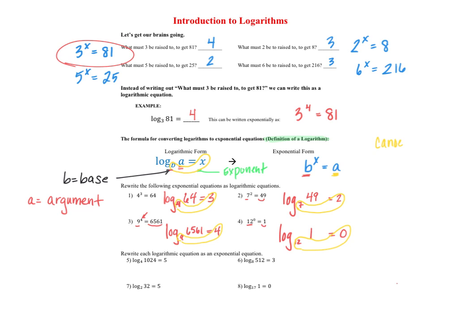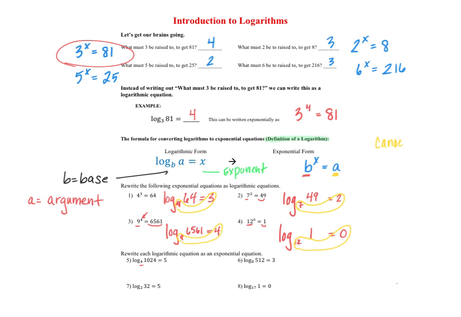Let's go the opposite way. We're now going to rewrite each log equation as an exponential equation. So let's think this through. The base of my log is going to be the base of my exponential expression. I'm going to erase this little canoe over here.